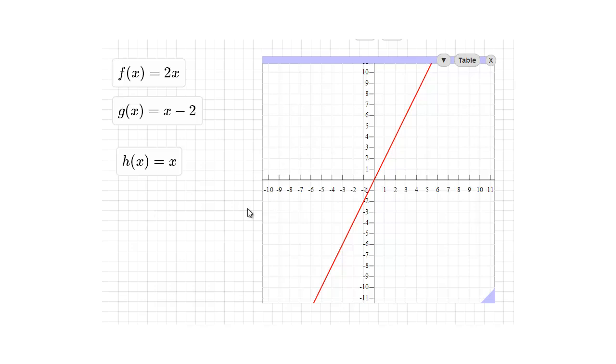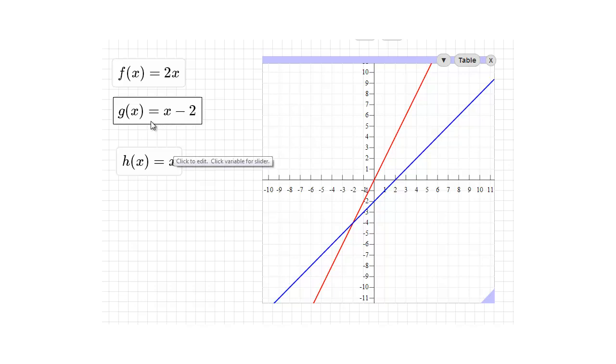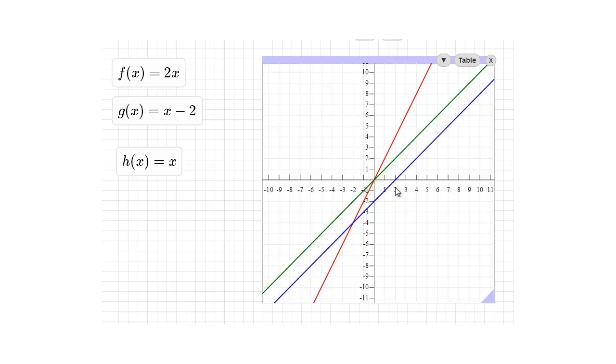Now what does the function g of x look like? So let's drag that in there, and we'll see. Alright, so that's the blue one. That's g of x, which is equal to x minus 2. And then the last one here, let's see what h of x looks like, and that's the green one.